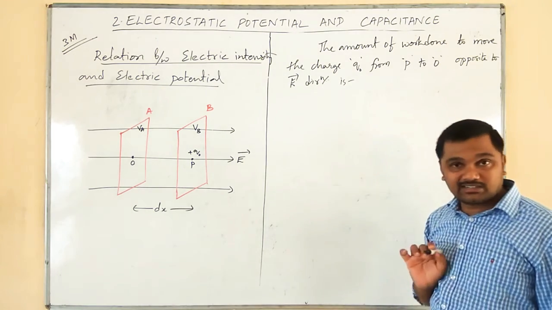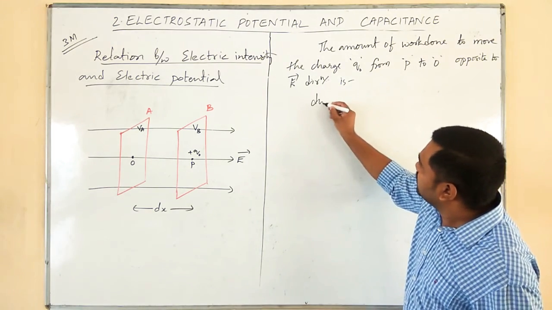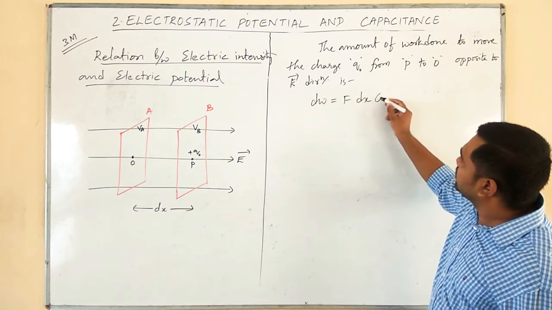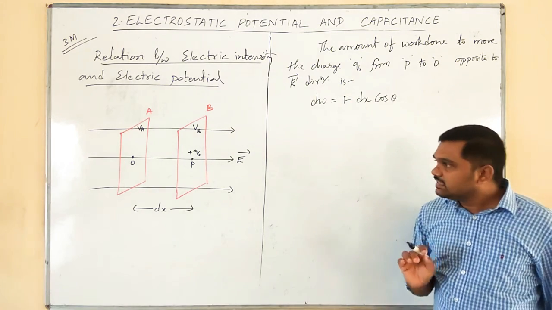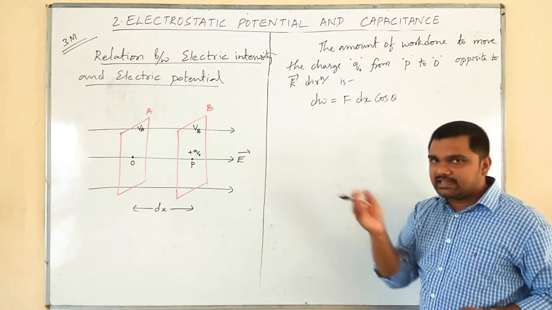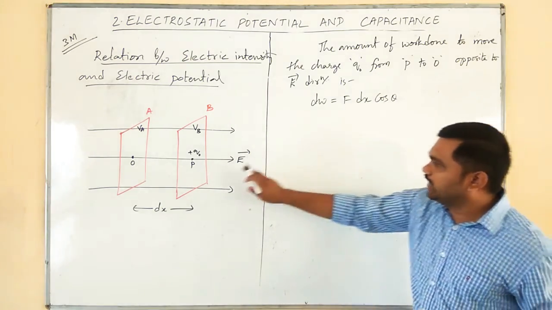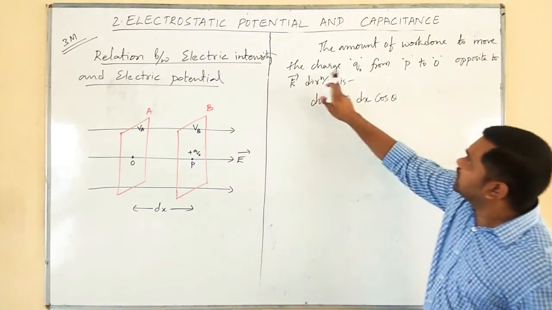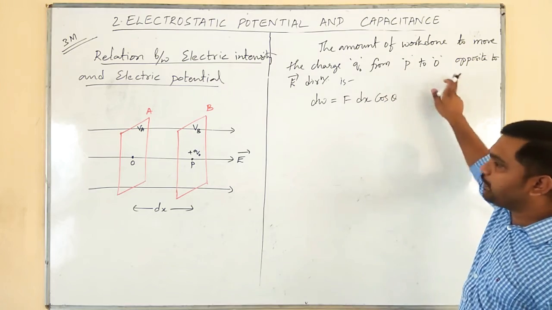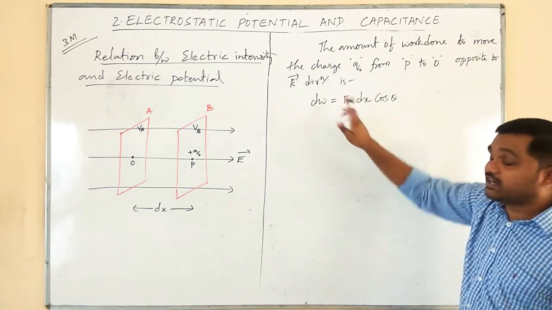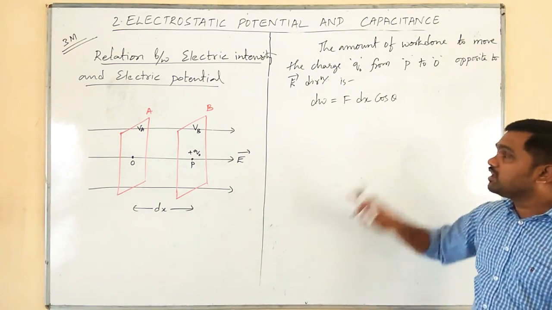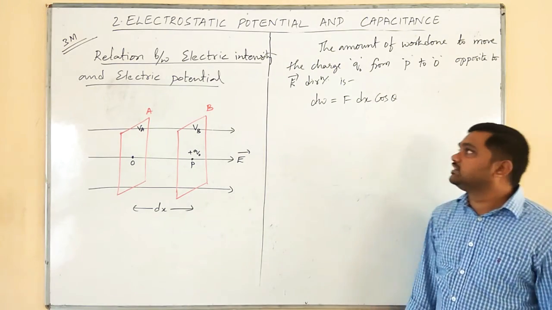According to the definition, dW is equal to F into dx into cos theta. Since dx is a small distance, a small amount of work is enough to move it from P to O. That is, the amount of work done to move the charge Q naught from P to O opposite to the direction of electric field is given by dW is equal to F into dx into cos theta.